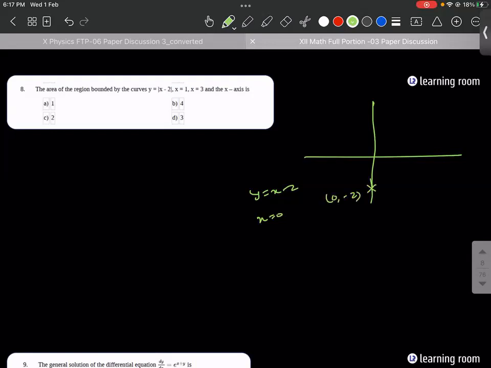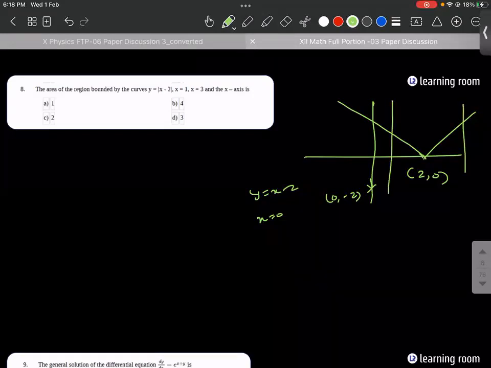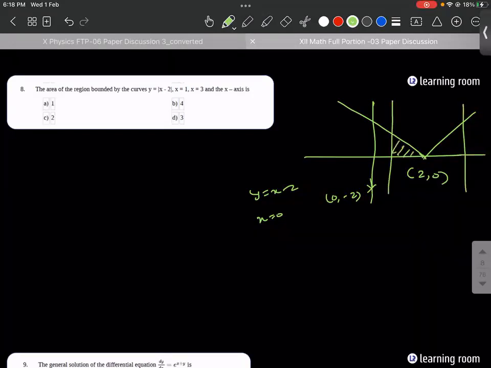When I put y is equal to 0, x is equal to 2. So the line will be like this, so the graph will be in this way. This will be 2, 0. Okay, x is equal to 1 is a line here, x is equal to 3 is a line here. This area plus this area will give me the answer. This is 1, this is 3. So what will this point be? This is negative of x minus 2. This is x minus 2.